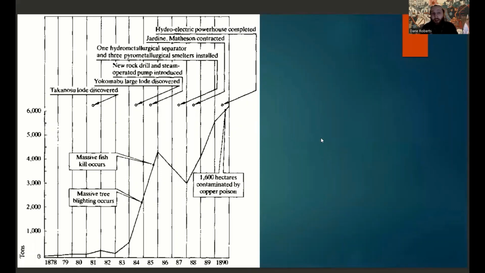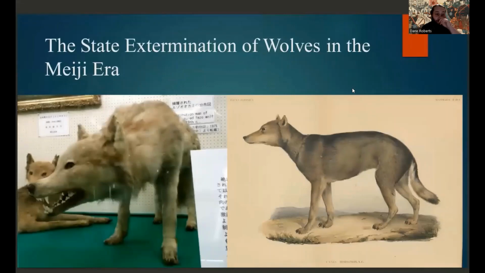So, of course, as the mining industry grew and as new mines were opened, these environmental disasters would begin to increase. This would also be the time period that the Japanese wolf and the Hokkaido wolf would go extinct. That's because, whereas originally wolves were seen as natural spirits in Shintoism and, say, the possible reincarnations of ancestors, and by Buddhism, they were now seen as pests who would just come and kill livestock, because livestock was part of that commercial agriculture increase.